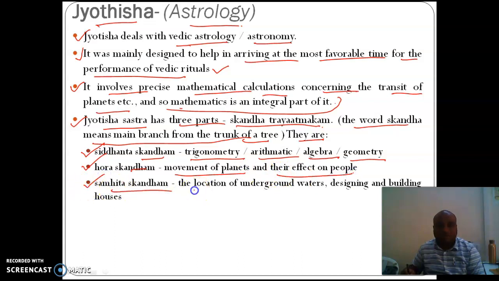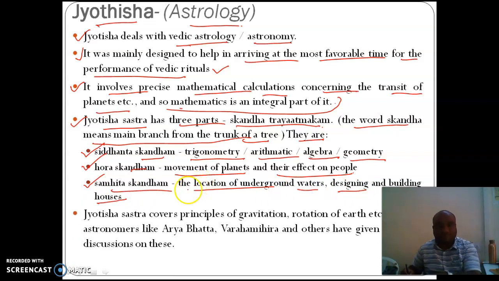Samhita Skandam, the location of underground waters, designing and building houses. Jyotisha Shastra covers principles of gravitation, rotation of Earth. Famous astronomers like Aryabhatta, Varahamihira, and others have given beautiful discussions on these.